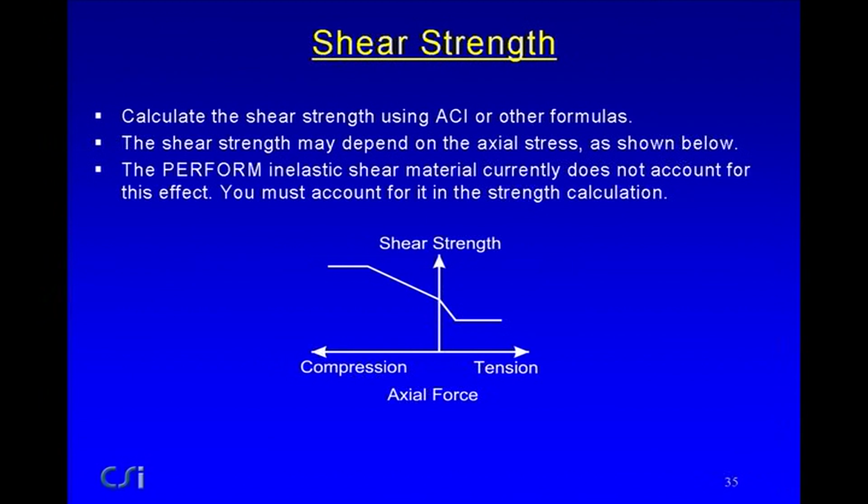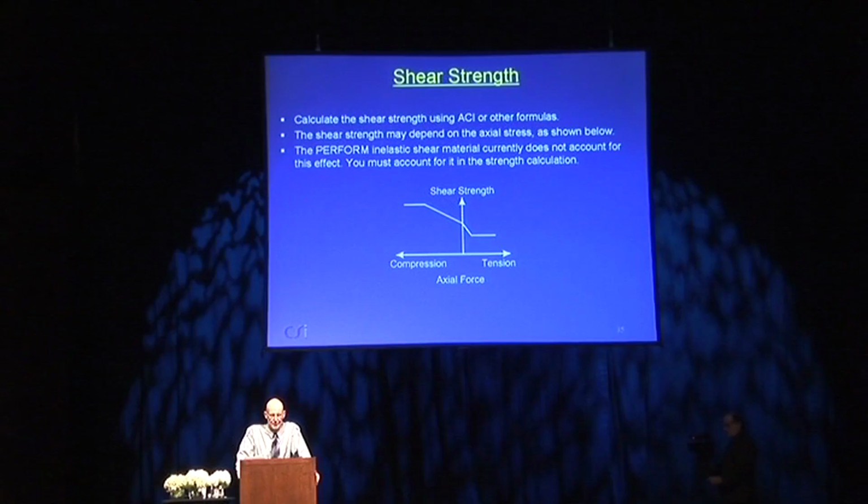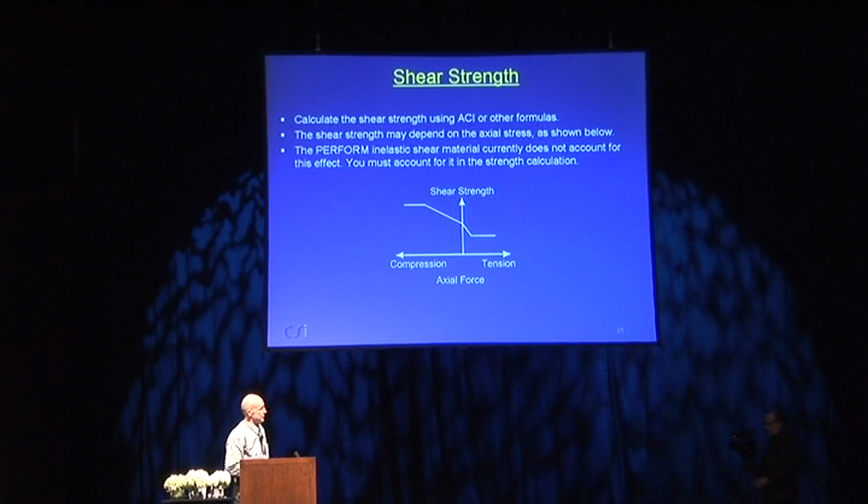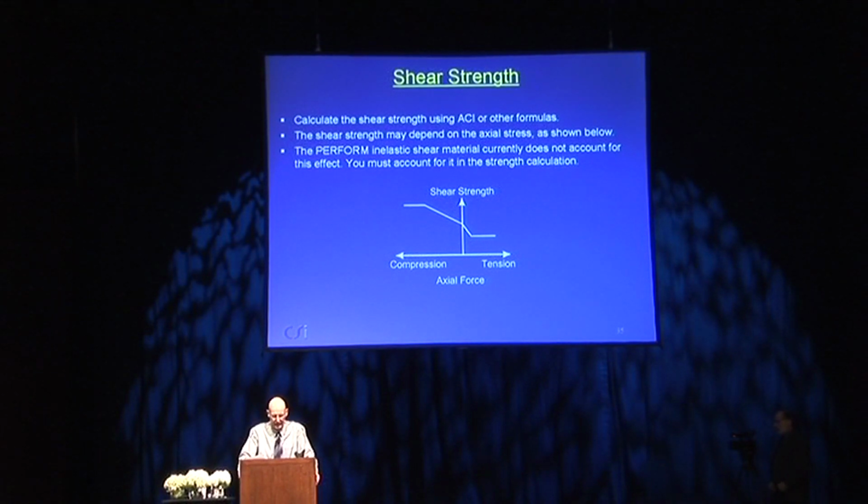Typically you will calculate the shear strength using ACI or maybe other formulas or maybe experiment. One of the complications is that the shear strength may depend on the axial stress as shown below. For compression, the shear strength may increase, and for tension, the shear strength may decrease.